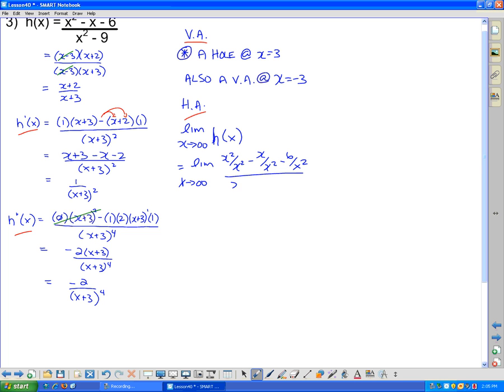That's x squared over x squared minus 9 over x squared. So that will become a 1. That'll go to 0. That goes to a 1. That goes to 0. So we have a horizontal asymptote at y equals 0.